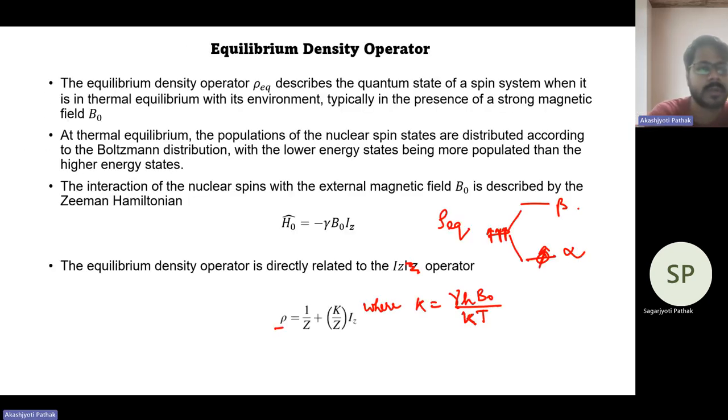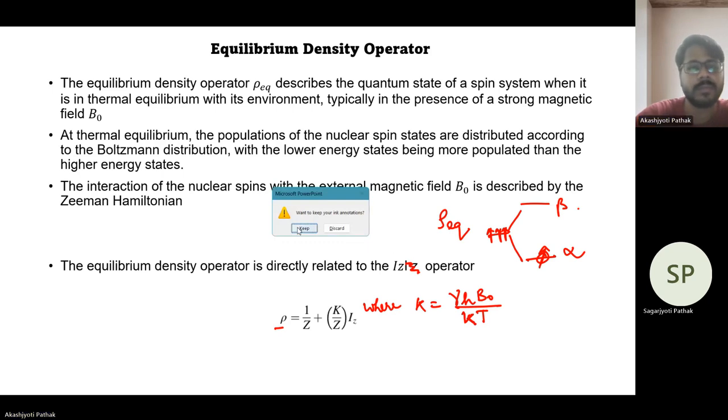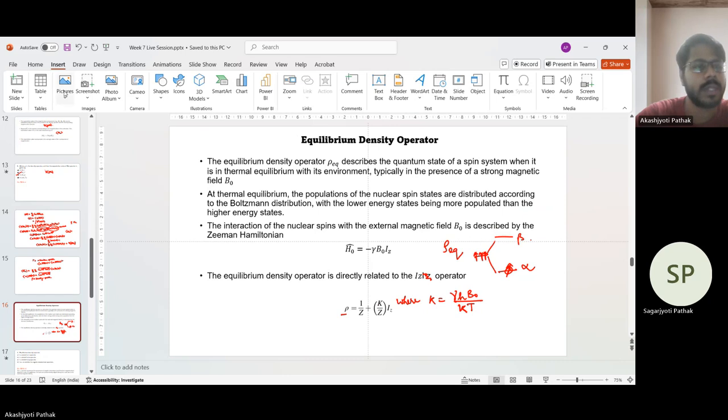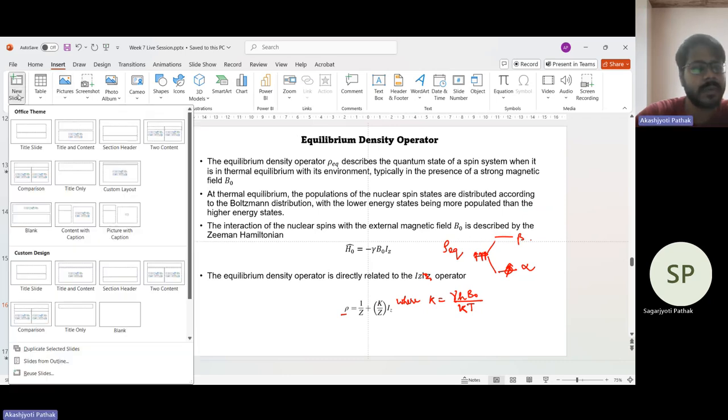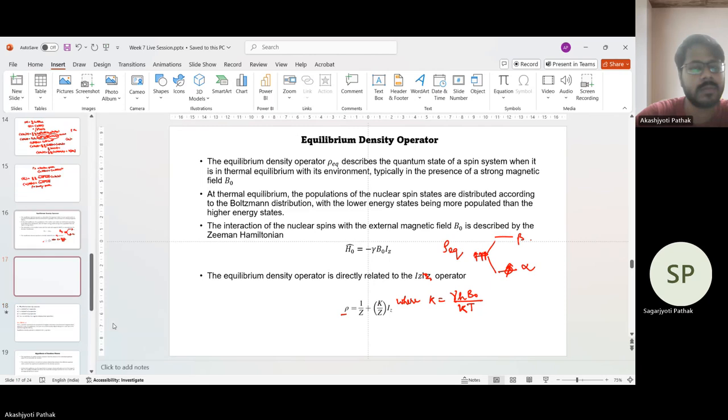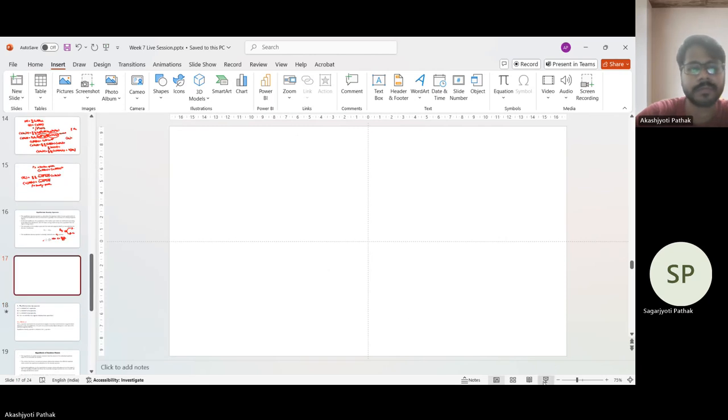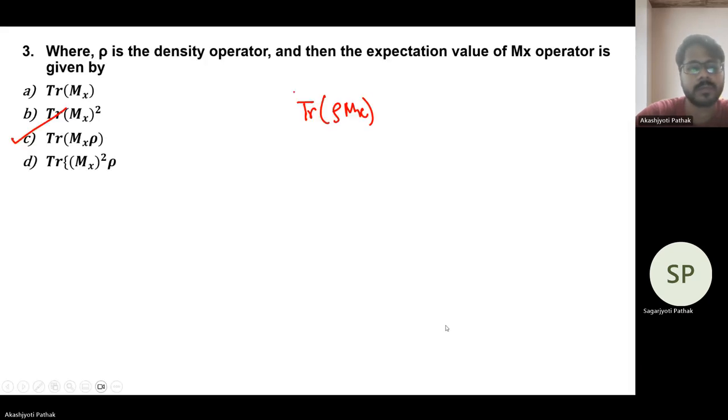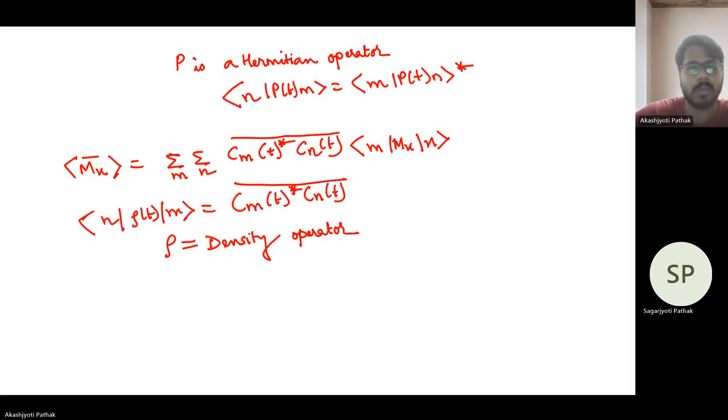So before moving to the next question, let's understand this concept once again in more detail. What we were discussing is the equilibrium density operator.